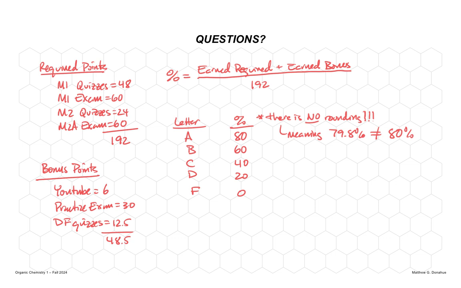Keep in mind, Canvas is not a spreadsheet. So you basically need to do this stuff on your own. Canvas does not allow me or any other instructor to go in and add functions to columns, to do adding, subtracting, that sort of thing. So all you're going to do is just take your points, add them together, divide by 192.